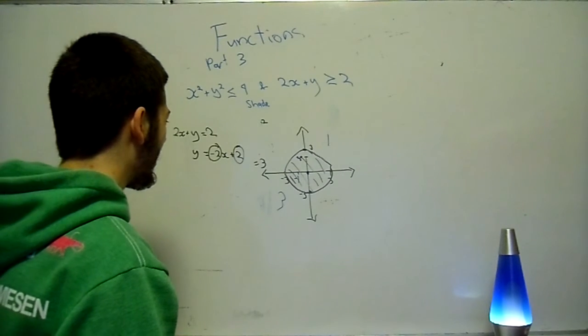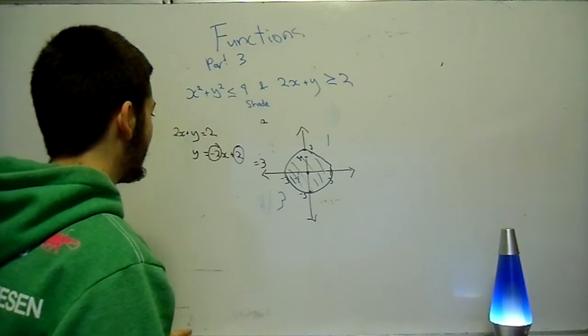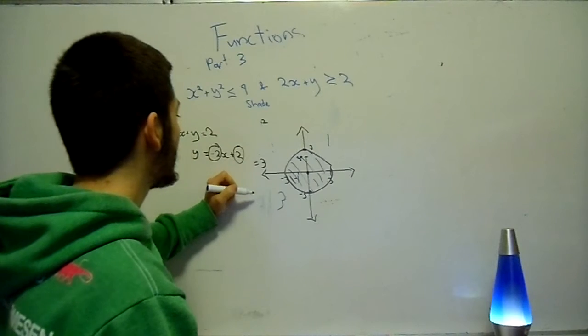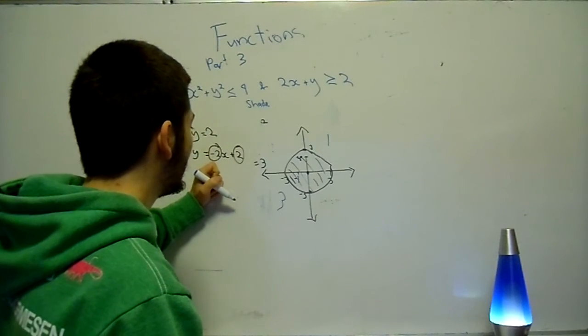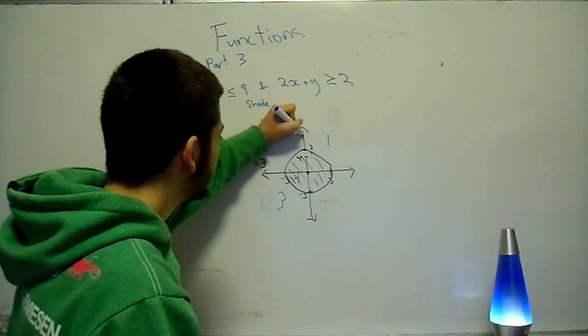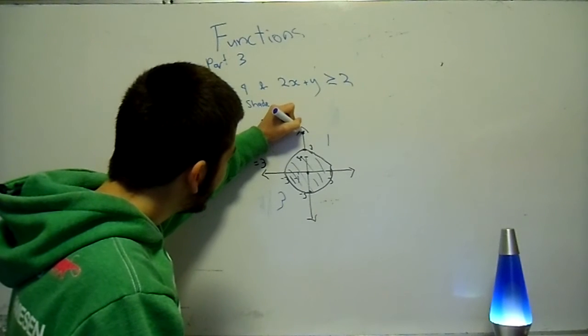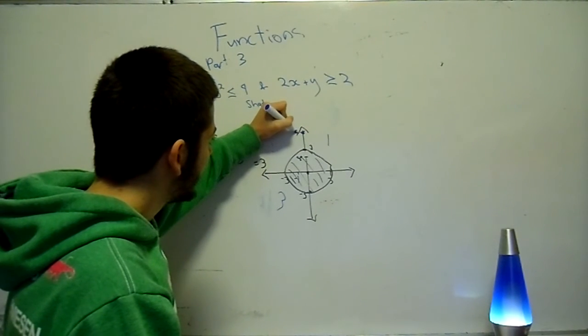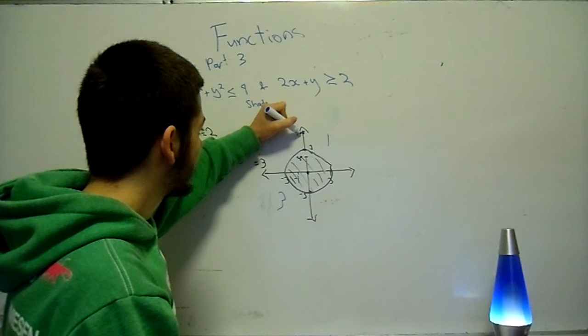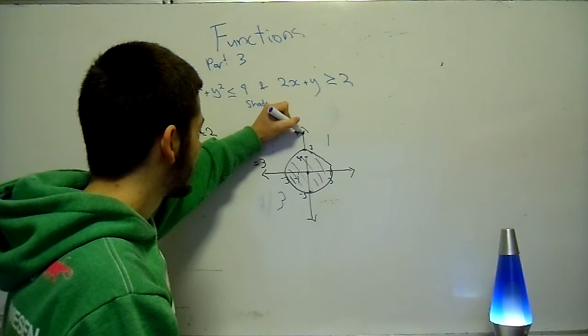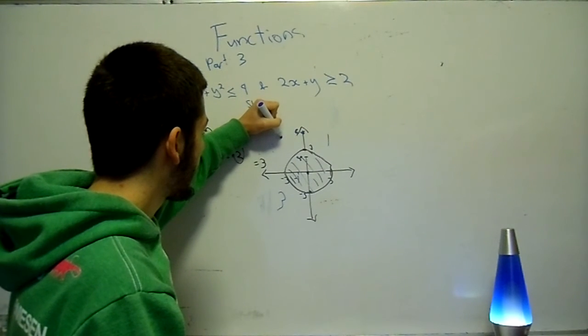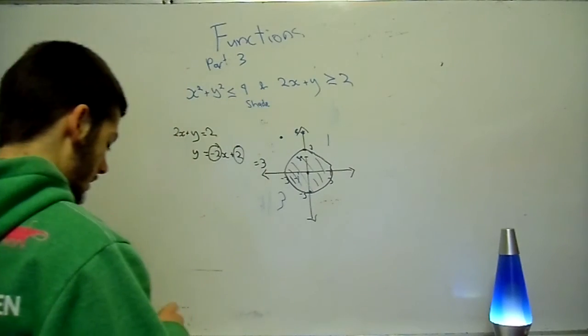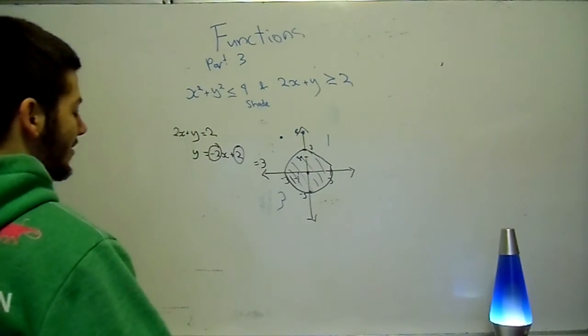I think we should put another point just to be safe. Minus 2 times minus 3 is going to equal, see if we can fit that all up there, positive 6. There we go.